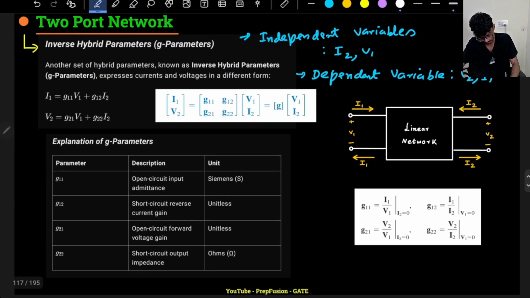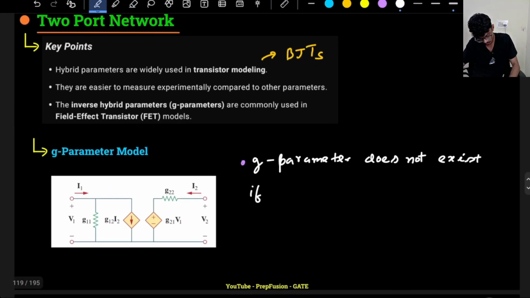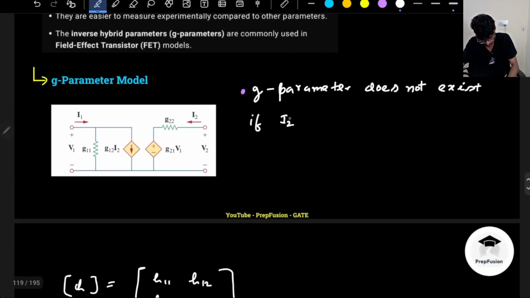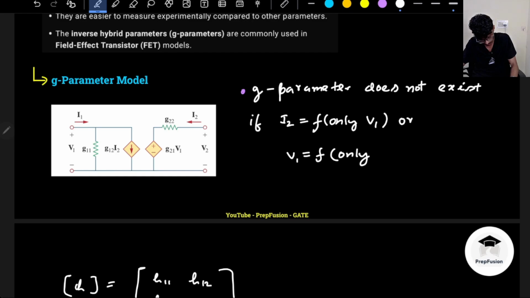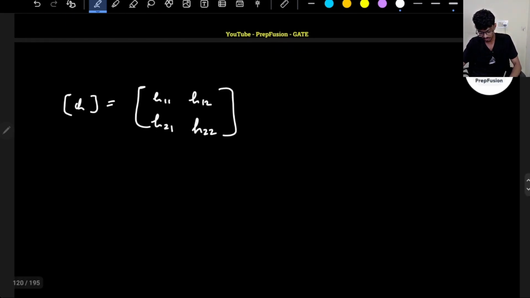I2 and V1, I guess. Yeah, I2 and V1. So if my I2 is a function of only V1, or my V1 is a function of only I2, that is what you have to take care of.